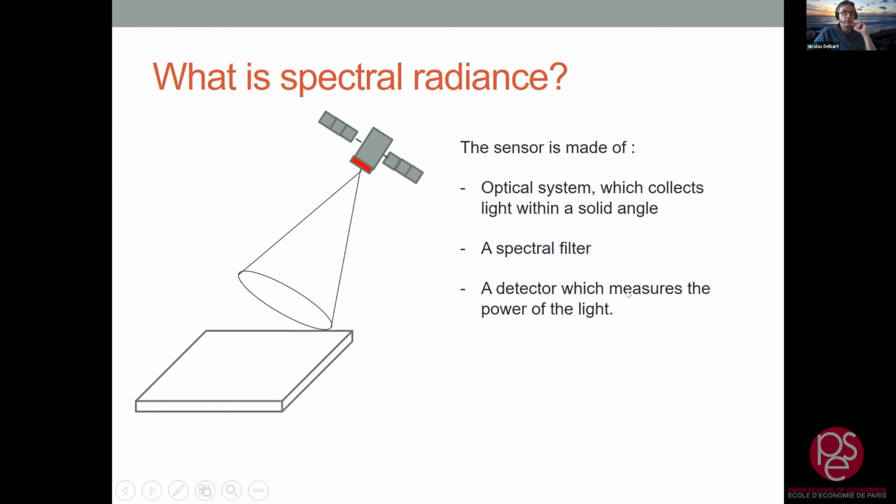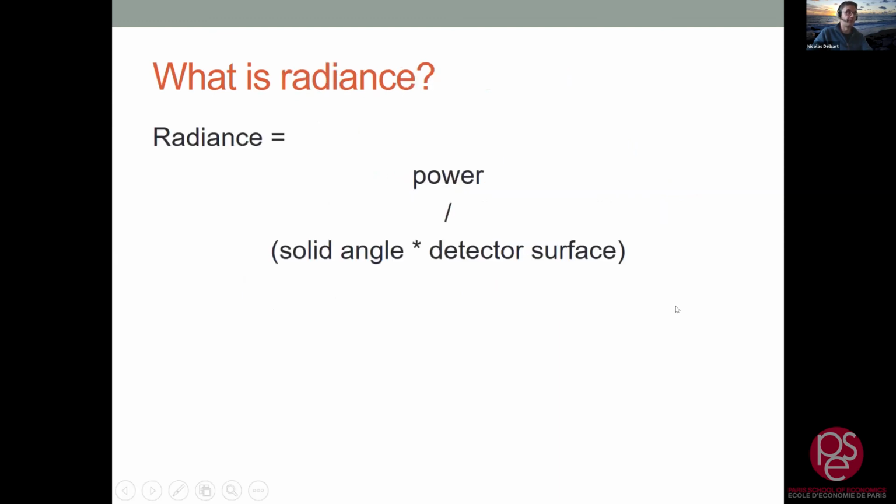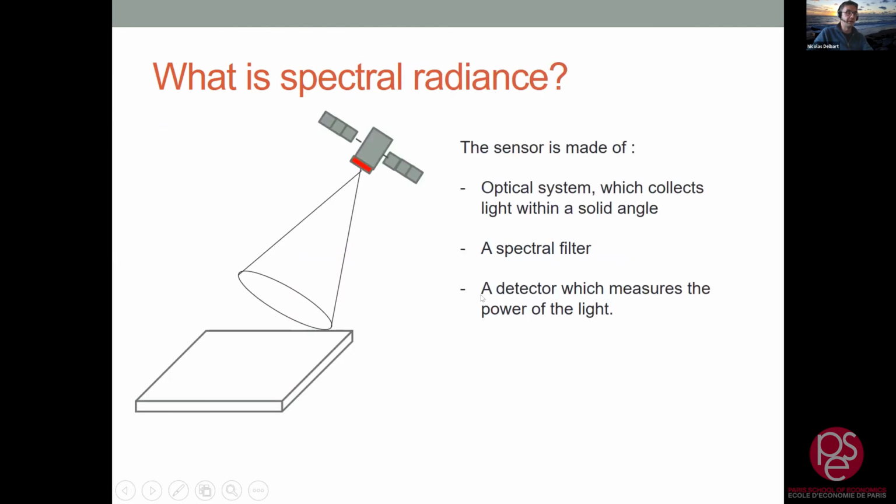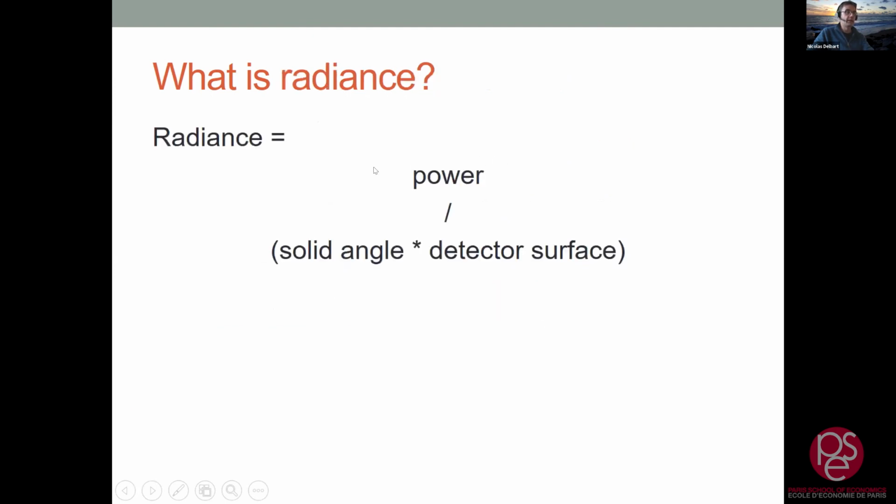When I say measures, it means the detector receives some photons, and if it receives a lot of photons, it will create a certain electrical current. And this electrical current is proportional to the number of photons that arrived on the detector. So basically, the detector measures power. And this is the power that is detected.